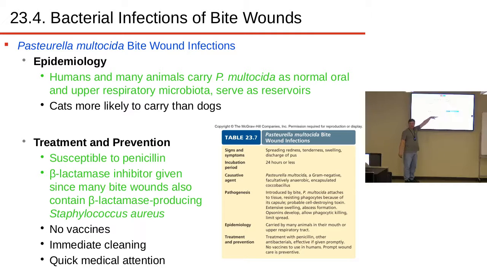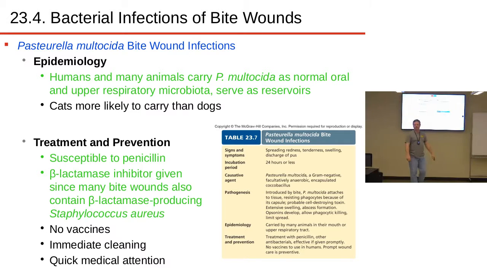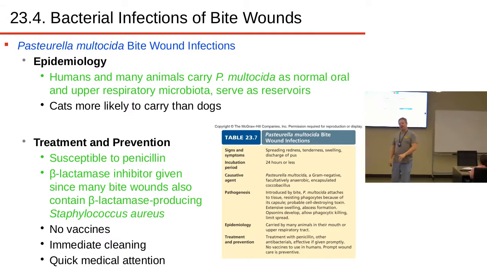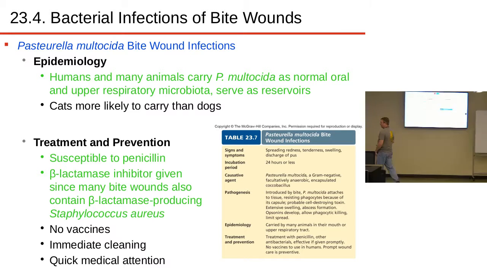Susceptible to penicillin, so that's good. Anybody that comes in with a wound like that, we can just give them a beta-lactam drug as part of the treatment process. They come in with bite wounds serious enough that they wanted to come in and get treatment, we can send them home with beta-lactam type drugs, and they'll be fine, hopefully.